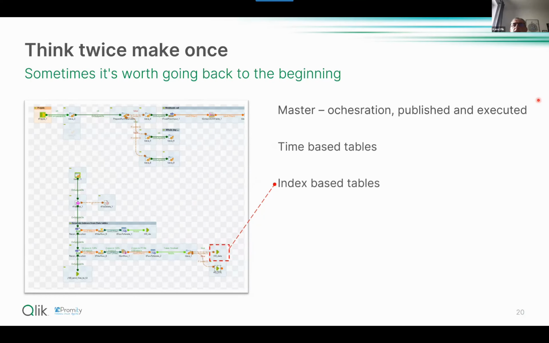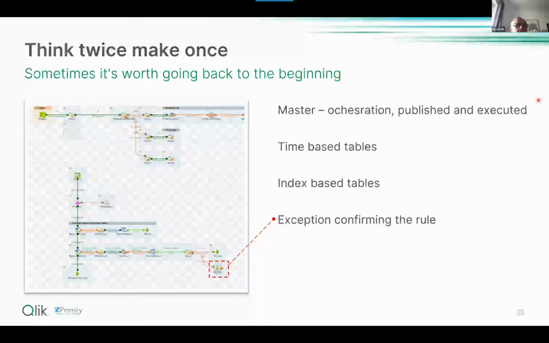Usually, this index comes from the job which was executed for the table which was collected previously. And of course, we have some kind of exception, but exceptions always confirm the rule. We have a single table which is using simply another endpoint, which uses a completely different structure. So we had to develop one dedicated job for a single dedicated table.